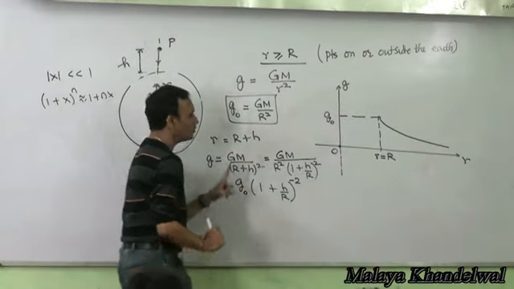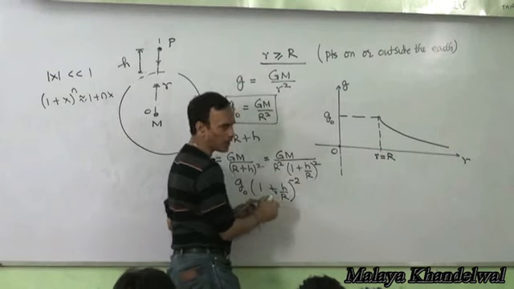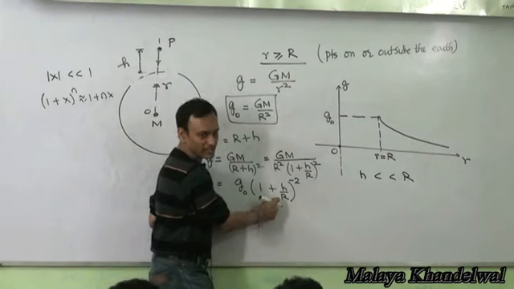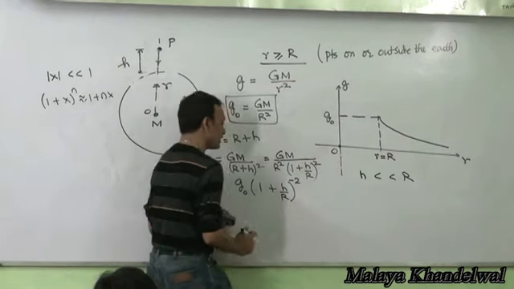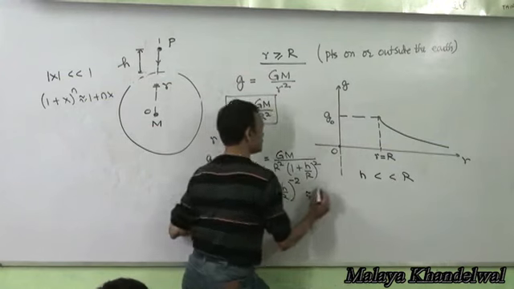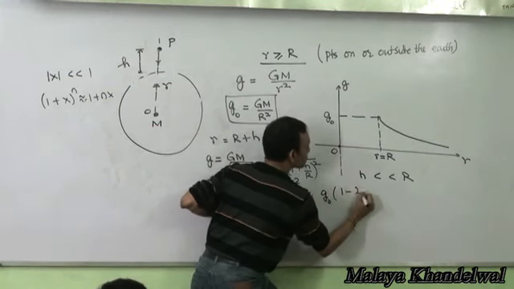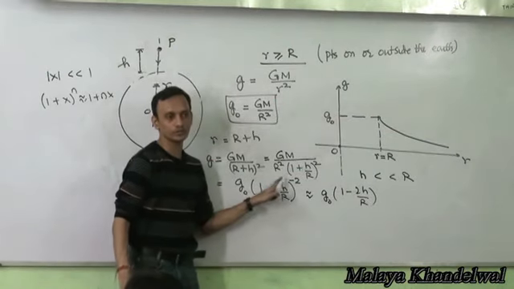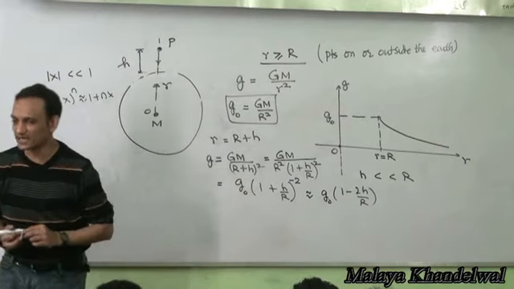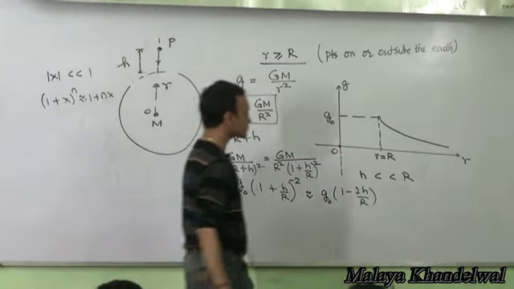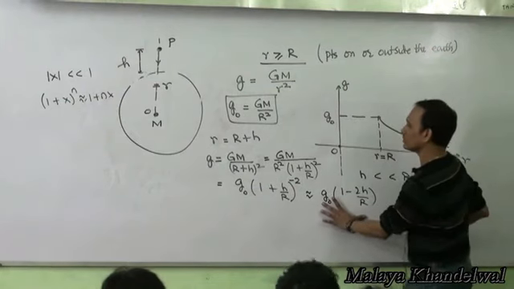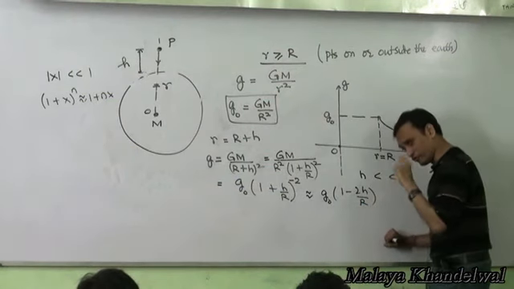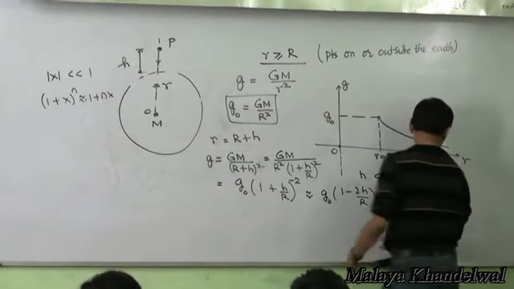So, now in this case, if h is much smaller compared to R, that means if h by R is numerically much less than 1, then this becomes approximately equal to g naught into (1 minus 2h by R). 1 plus nx, n is minus 2 here, when h by R is numerically much less than 1. So, this is an approximation. This is not an approximation. This is exact g, but this is an approximation for points P close to the surface of the earth, right?